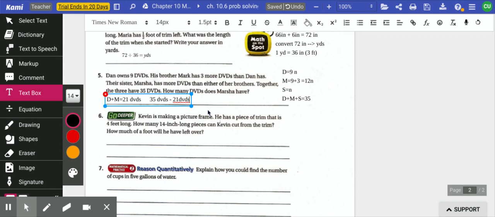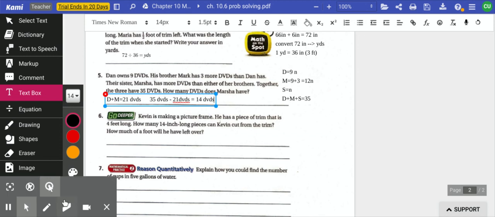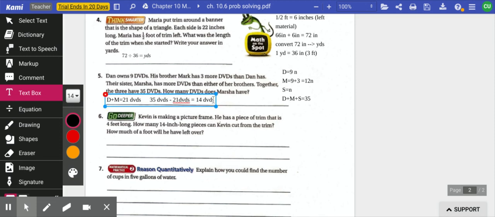That makes sense. So if we take our total of 35 and we take away 21, we get 14 DVDs, which is how much Marcia has.